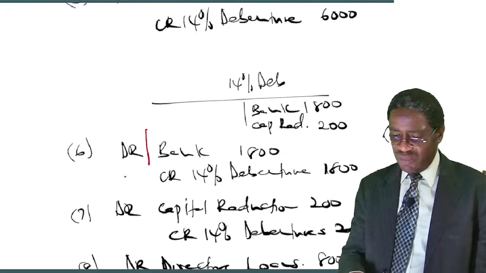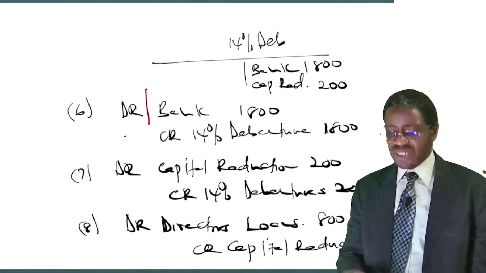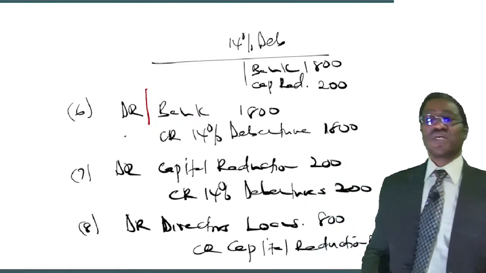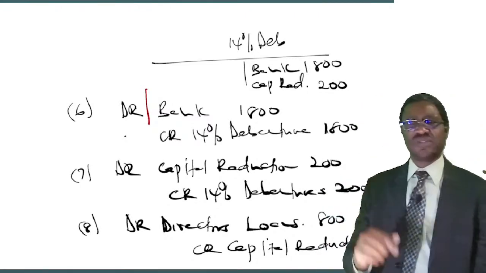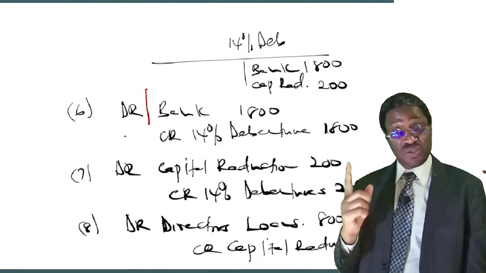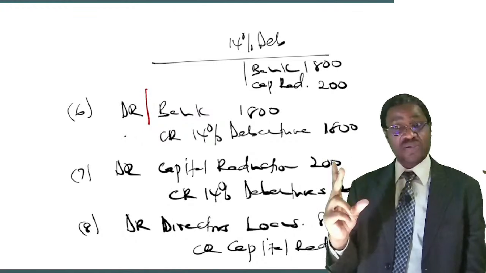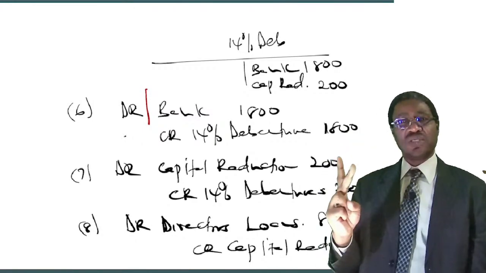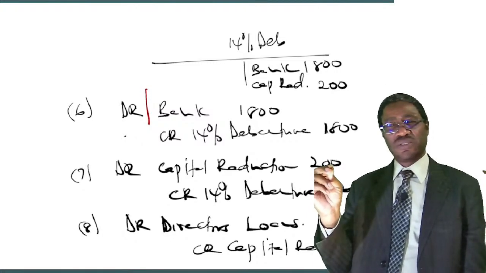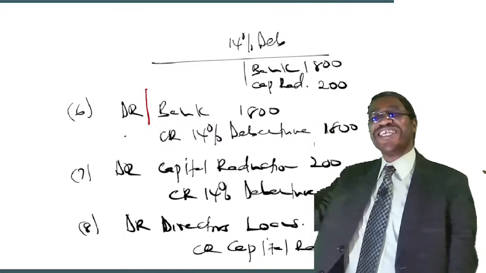Then before we went to number 6, we were told something which was a bit tricky again: another 14% debenture was issued. Shillings 2 million of the 14% debentures of shillings 100 each.